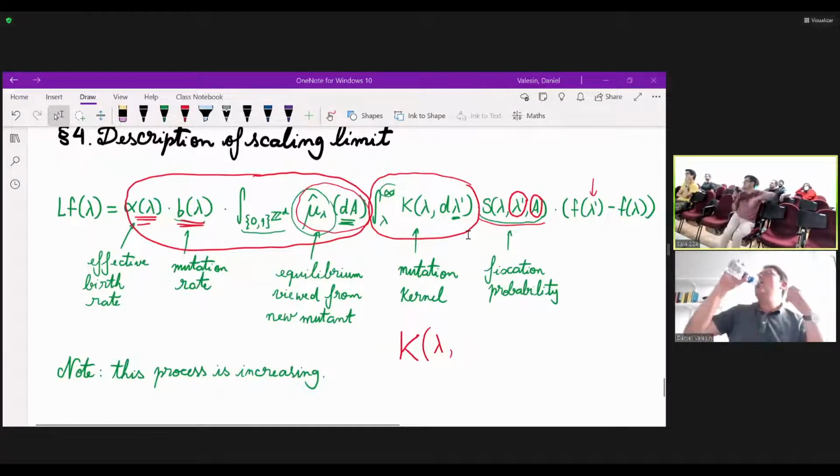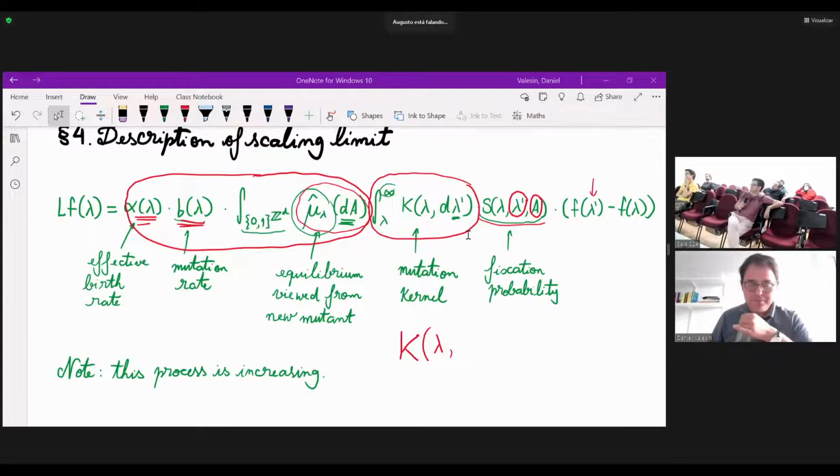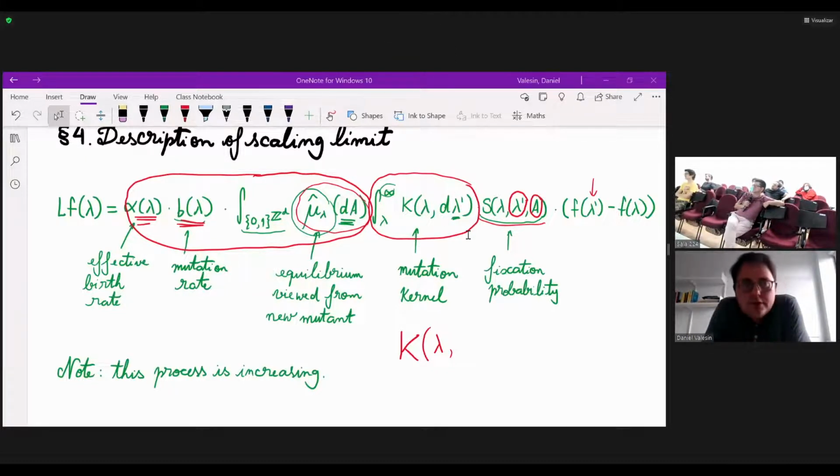Have you thought about the similar problem on random irregular graphs? Is it similar, harder, easier? Random irregular graphs, I think it's a good problem. I haven't thought about it.